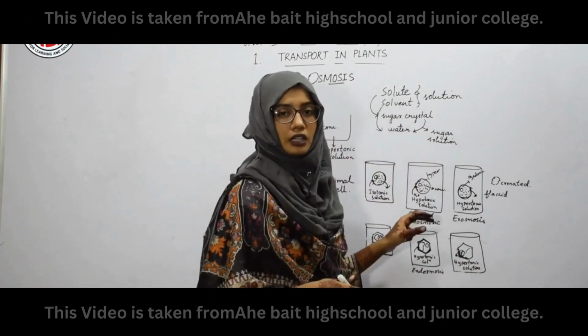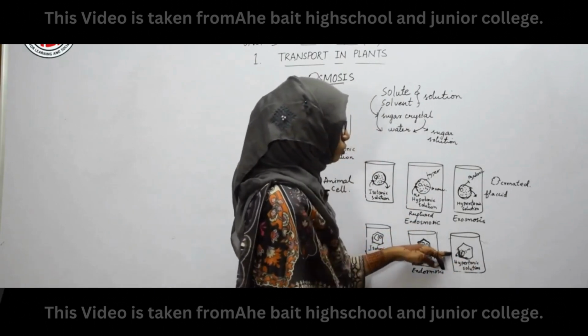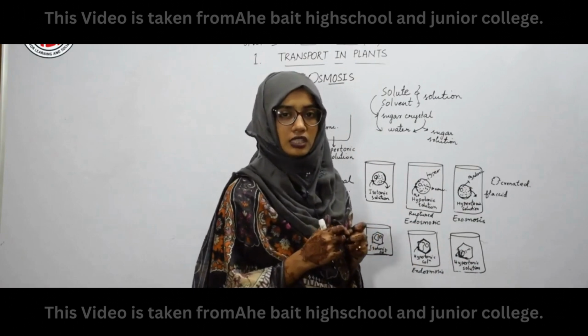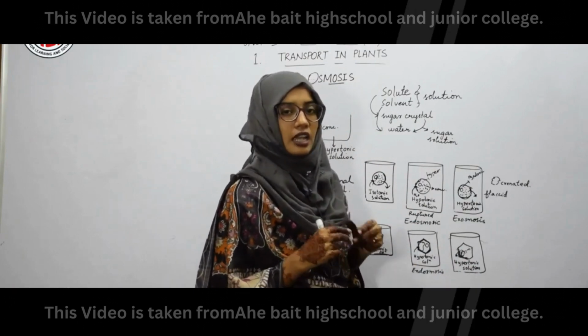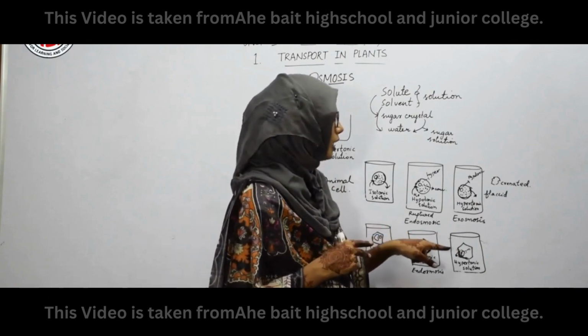The cytoplasmic content gets detached and comes at one side. Due to the loss of water, the vacuole shrinks and becomes smaller in size, and the cytoplasmic content is going to detach and come at one side.